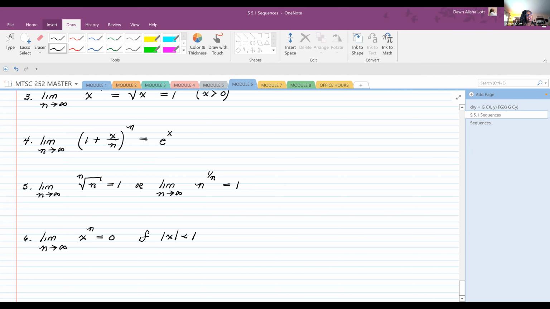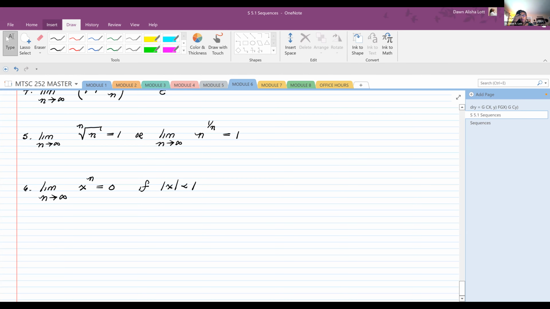So any fraction less than 1 raised to the nth power is going to go to 0. And number 7, the limit as n approaches infinity of x to the n over n factorial is 0.